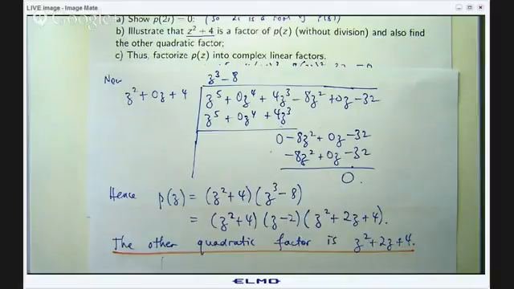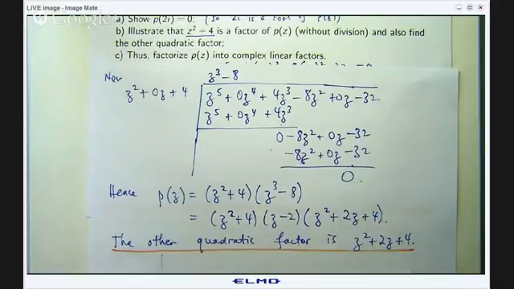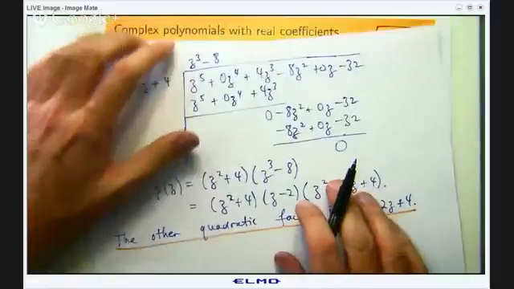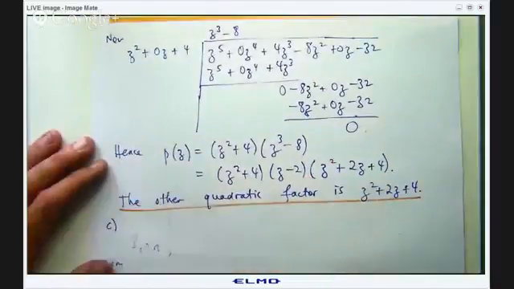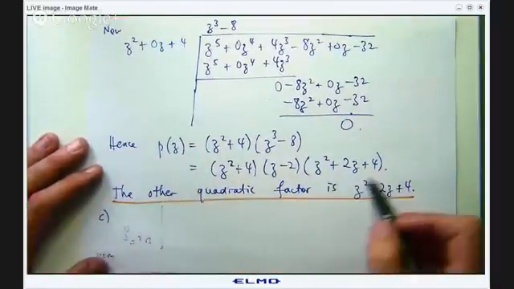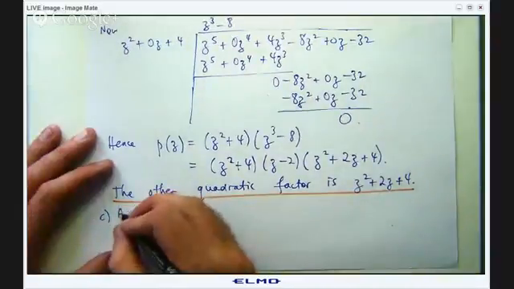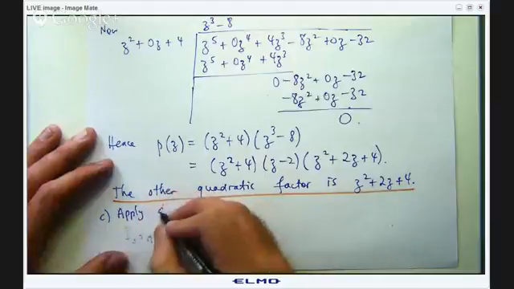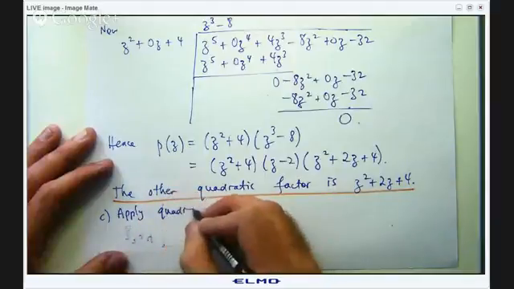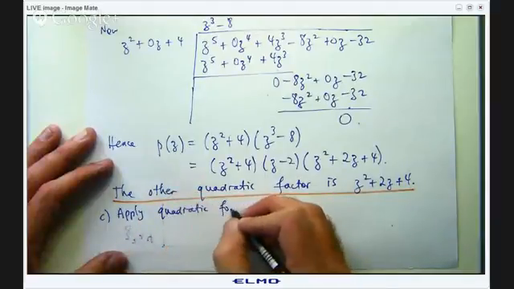Okay? So how do you do it? Well, you can look at the roots of this quadratic polynomial. Okay? And you can apply the quadratic formula to that and actually write down the roots.